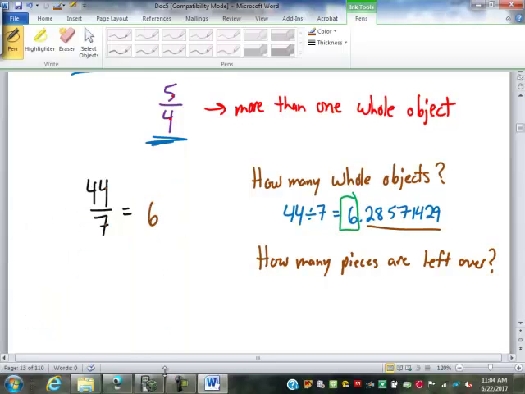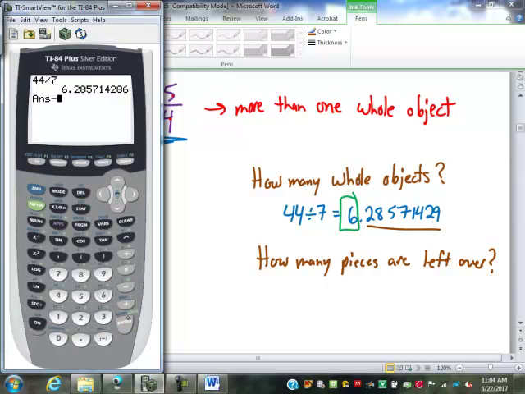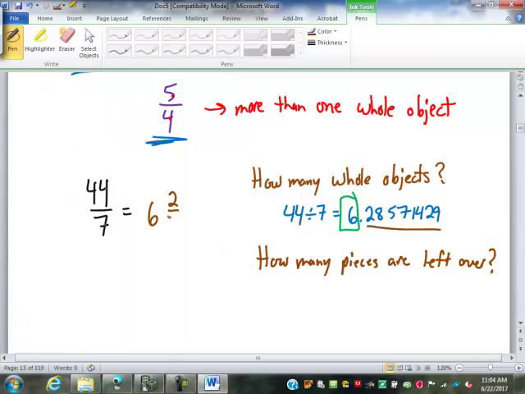The 6 was our whole number. If we subtract the 6 and multiply back by the 7, that tells us there's a remainder of 2 here. So that was 2/7 left over.